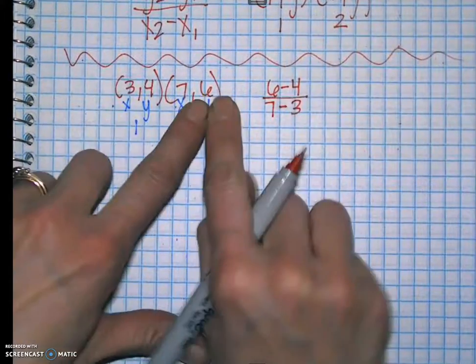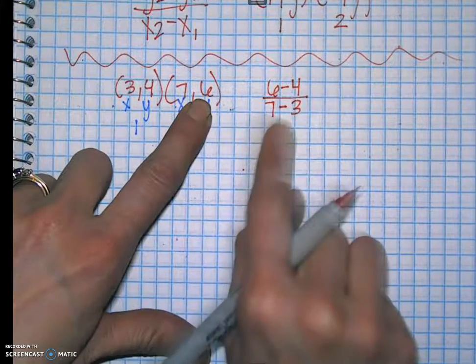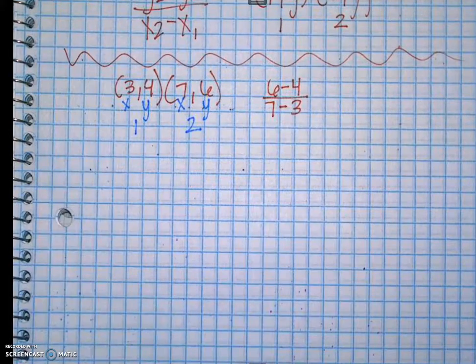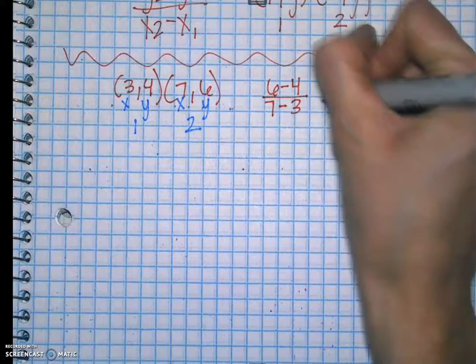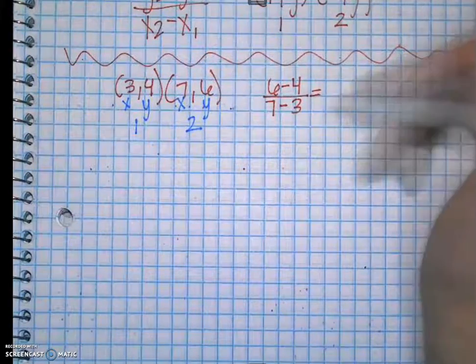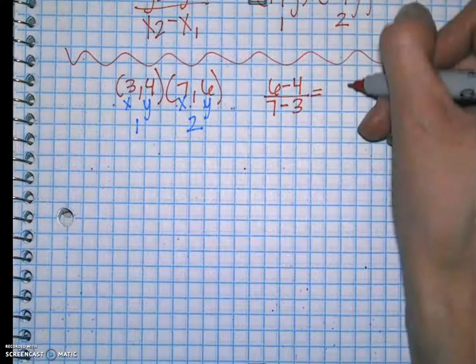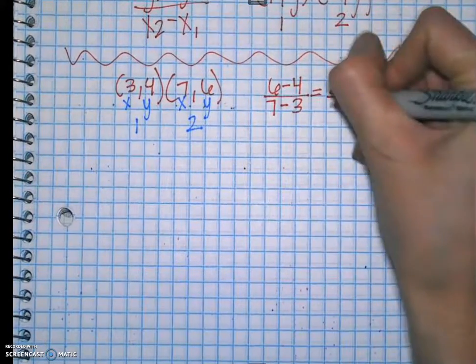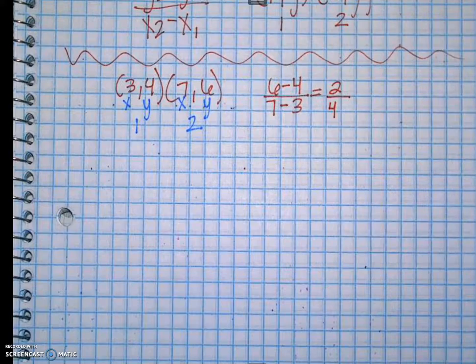Notice I started with 6, so the x you start with is on the same set. I think that's one of the biggest confusion points. Okay? Now that we have it in our formula, you just subtract. 6 minus 4, well, that's 2. 7 minus 3, that's 4. Now, that problem looks done, but it's not.